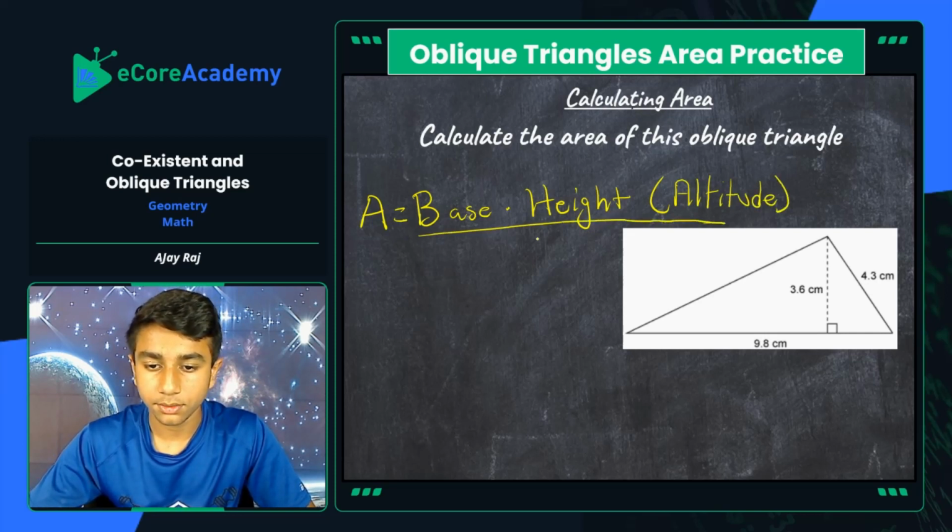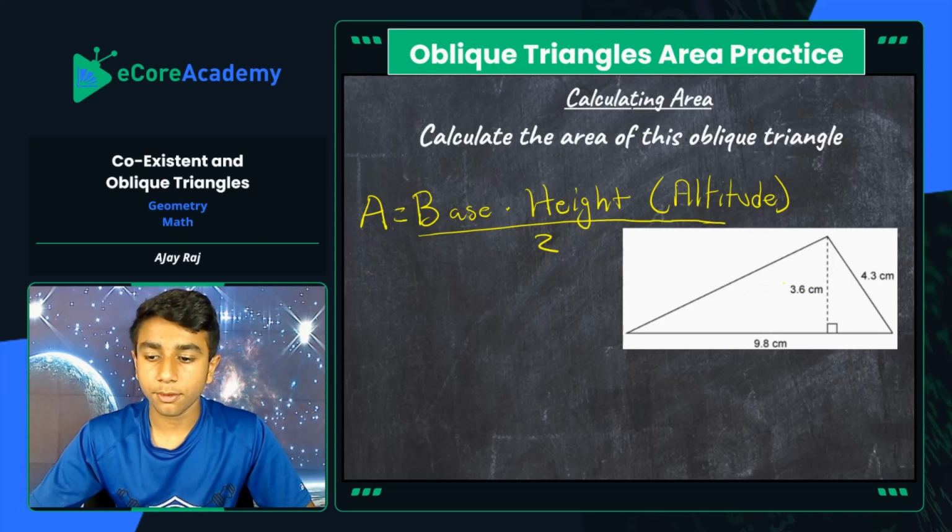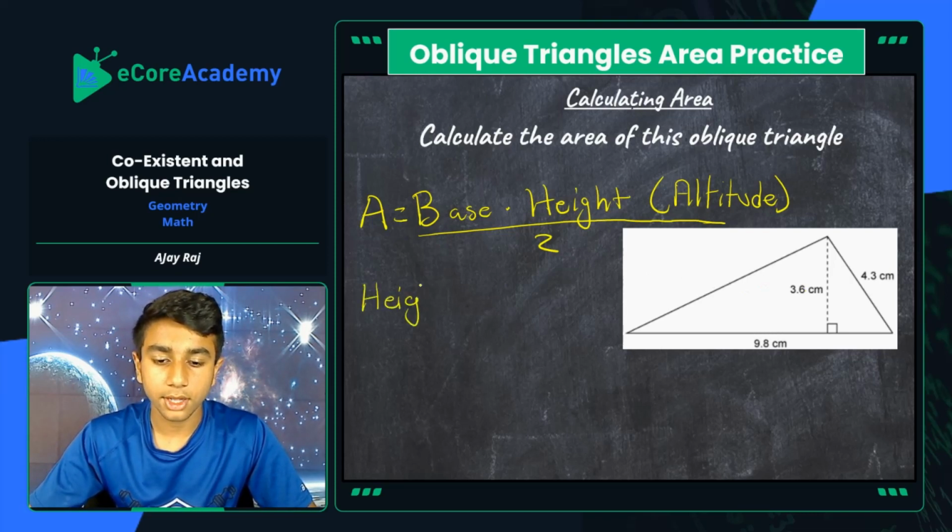Everything's divided by 2. So that's base times height over 2, or base times altitude divided by 2. So we're going to look at our information here. We know that our height or altitude is equivalent to 3.6 centimeters. And we know that our base is equivalent to 9.8 centimeters.